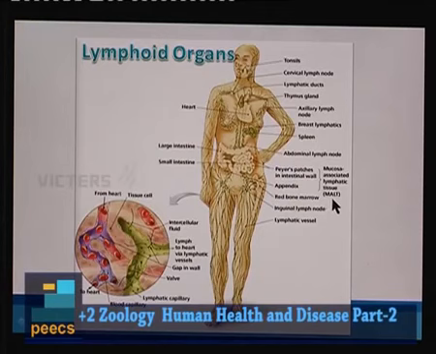What is MALT? MALT is mucosal associated lymphoid tissue. It is associated with our digestive tract, urinary tract, reproductive tract, etc. All these major tracts are lined by certain types of lymphoid tissues, and these are called mucosal associated lymphoid tissue.